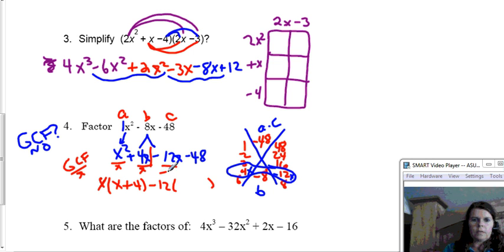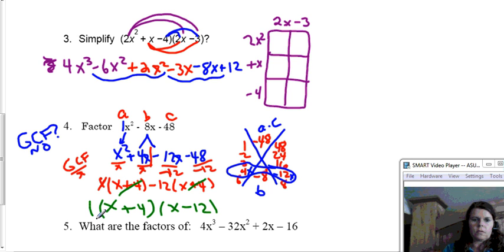Divided by negative 12, divided by negative 12. And again, you get x plus 4. And then what do you have in common? You have x plus 4 in common. And then you would divide by that x plus 4, which makes it cancel out. And you're left with x minus 12. And we don't have to solve it, we just had to factor it. So this is our answer.